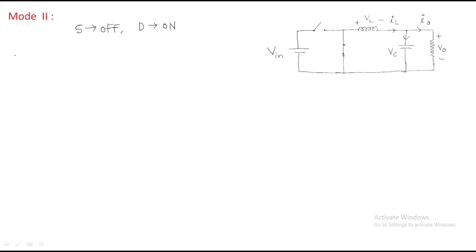So we can write here: when supply is off, the energy stored in the inductor is supplied to the load resistance.